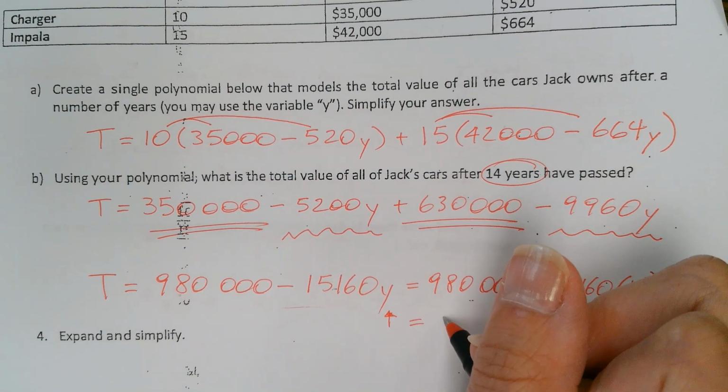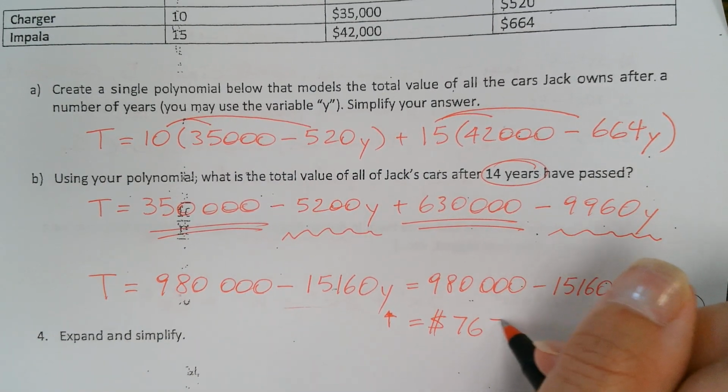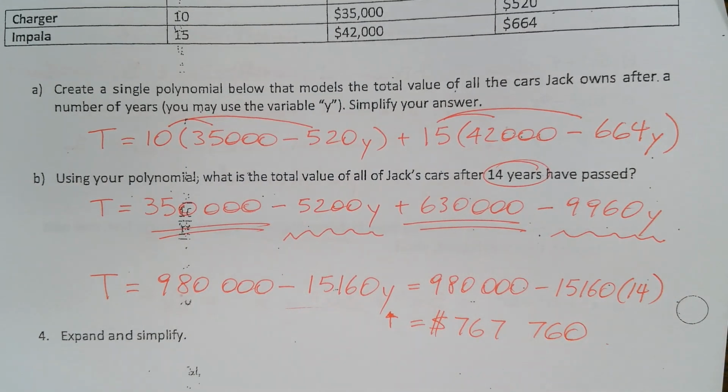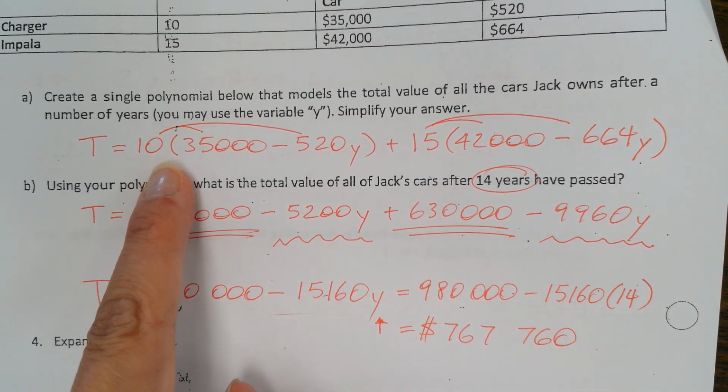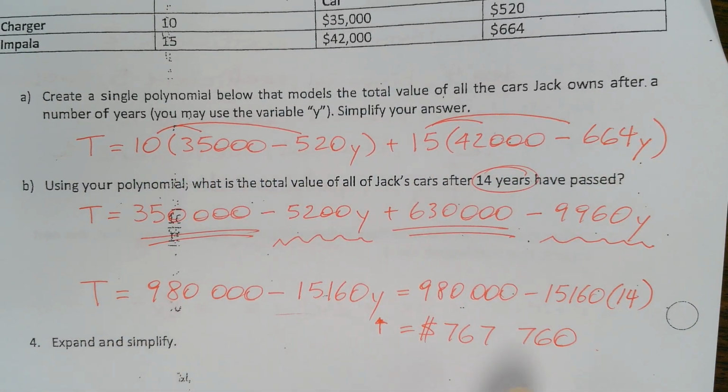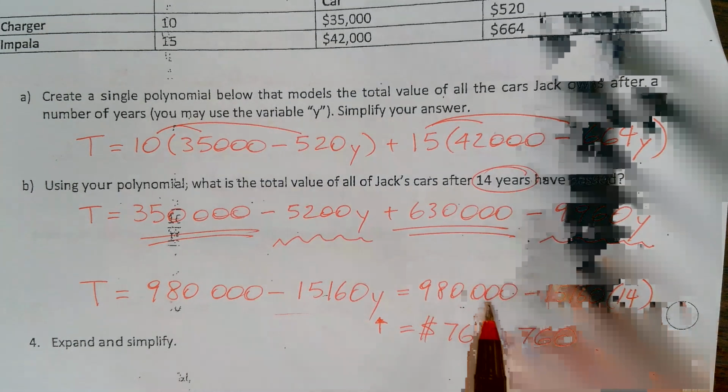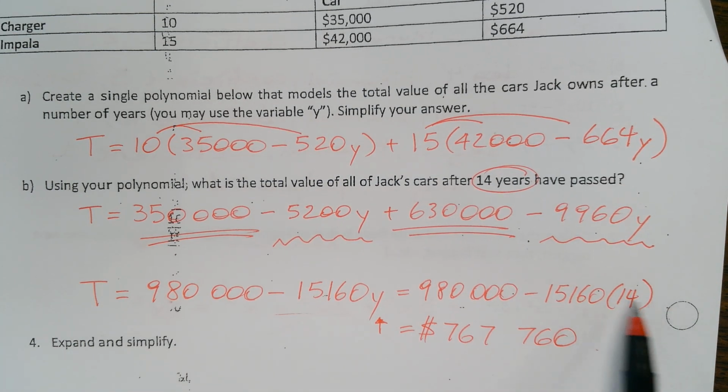Pedro, what did you get? $767,760. Perfect. I got the same thing. Don't forget the dollar sign because we're talking about money. Imagine all this simplified down to just this right here. And then instead of plugging the 14 in everywhere, you just have to plug it in one time after you simplify it.